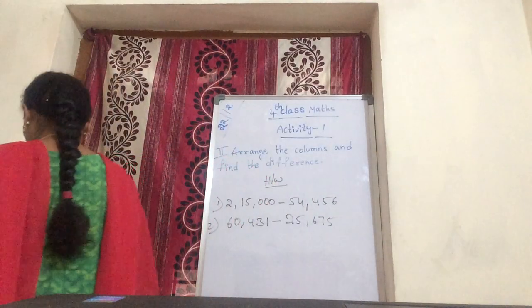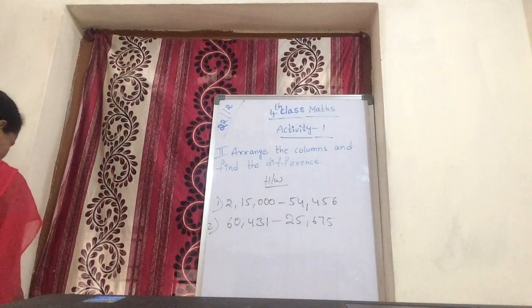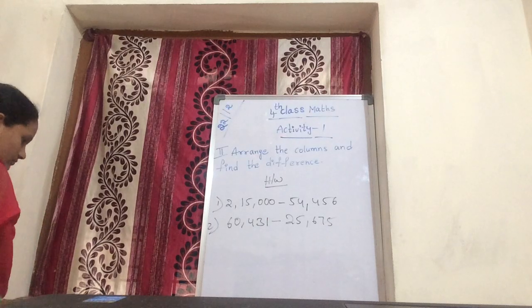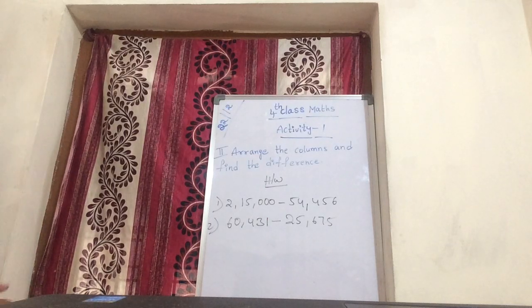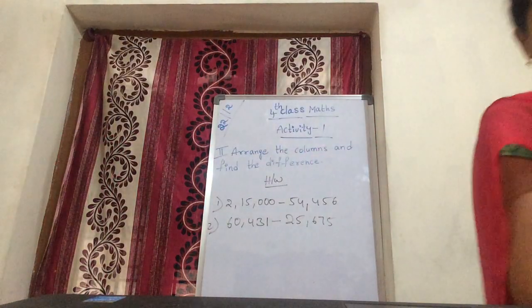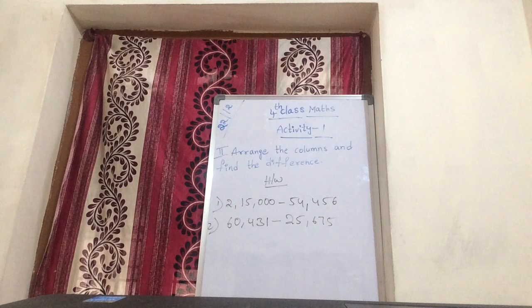We'll do these 2 problems and post it. Two lakh 15,000 minus 54,456. Now that is the one problem. Now next one, 60,431 minus 25,675. Okay, thank you.